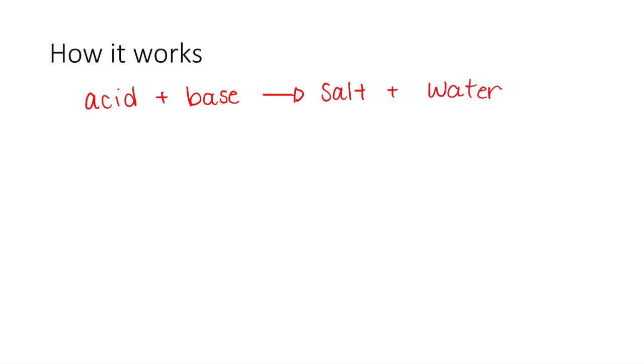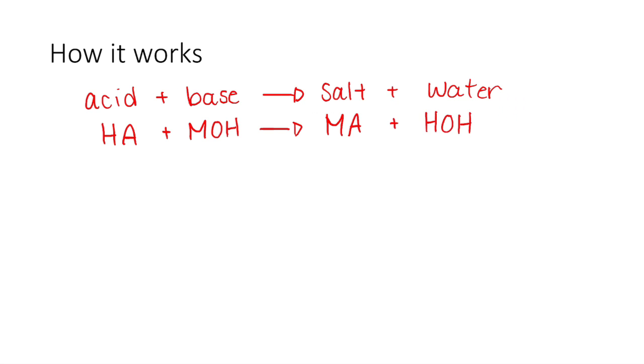So now, instead of looking at the reaction overall, we're just focusing on the salt. So our acids always start with H A, and our bases always end in OH. This obviously forms water as well as a salt, HOH.